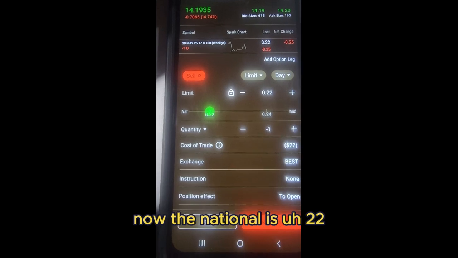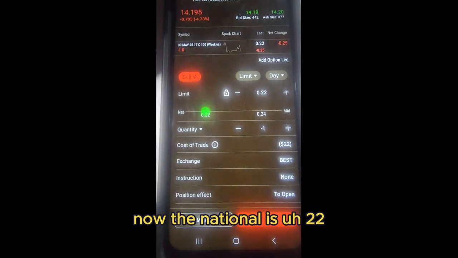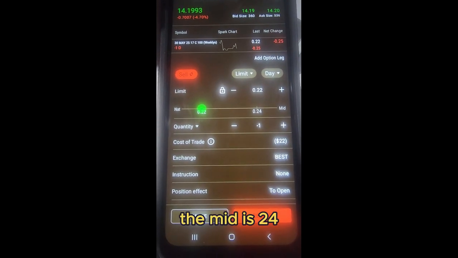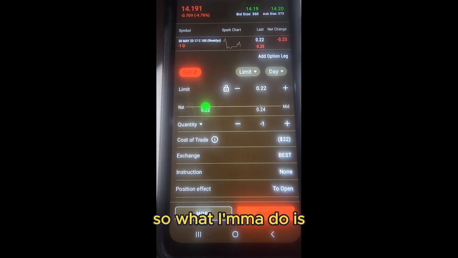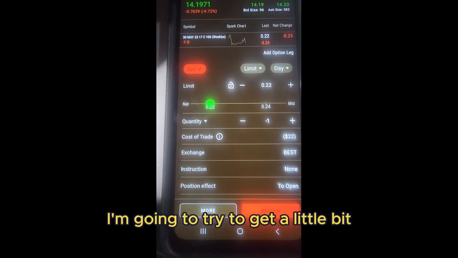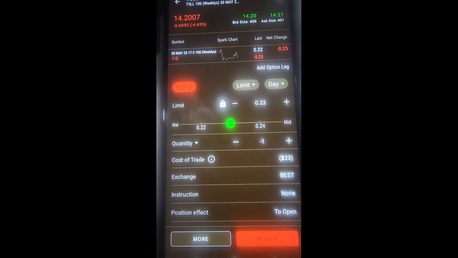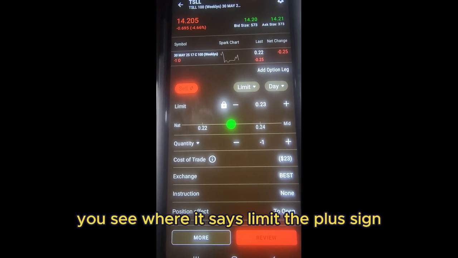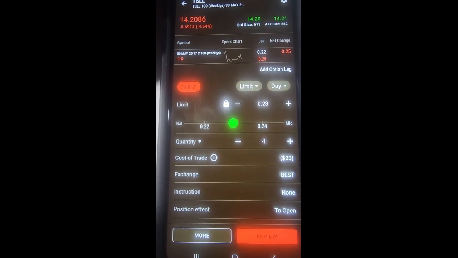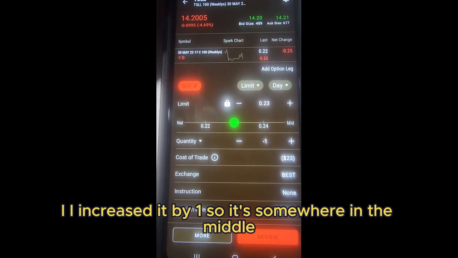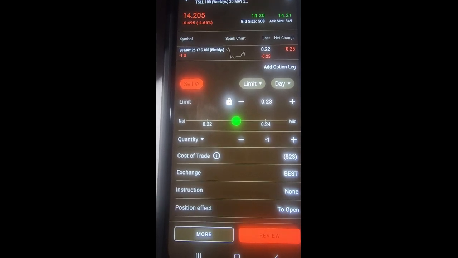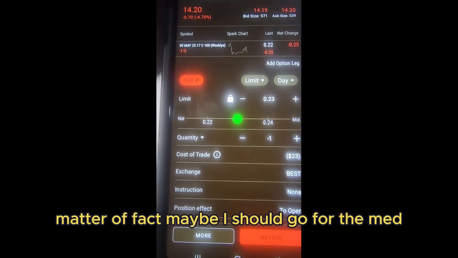Now the national is 22, the mid is 24. So what I'm gonna do is I'm going to try to get a little bit more premium for it. You see where it says limit, the plus sign, I increased it by 1, so it's somewhere in the middle. Matter of fact, maybe I should go for the mid.